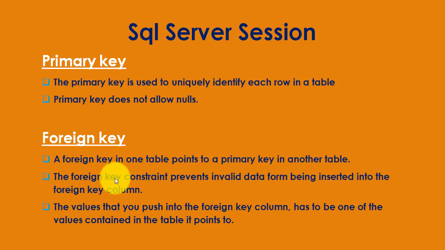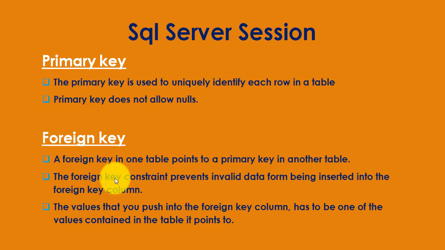And what is the foreign key constraint? A foreign key in one table points to the primary key in another table. I have two tables, tblPerson and tblGender. The primary key of tblGender is pointed to by the foreign key of the other table, tblPerson.